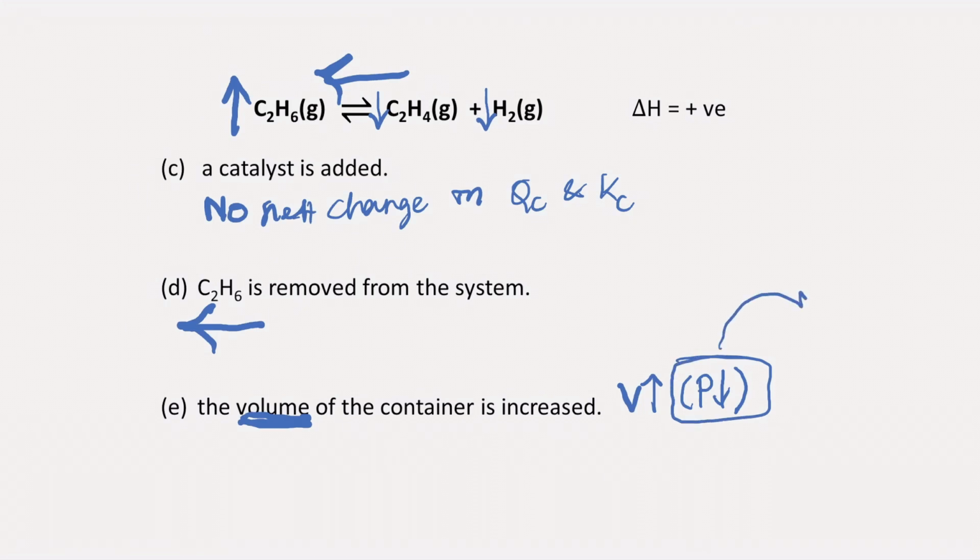It will respond by increasing the pressure. Betul? What will increase your pressure? By increasing the number of moles. Betul? So, that means for this disturbance, your system will shift to the side with more number of moles.